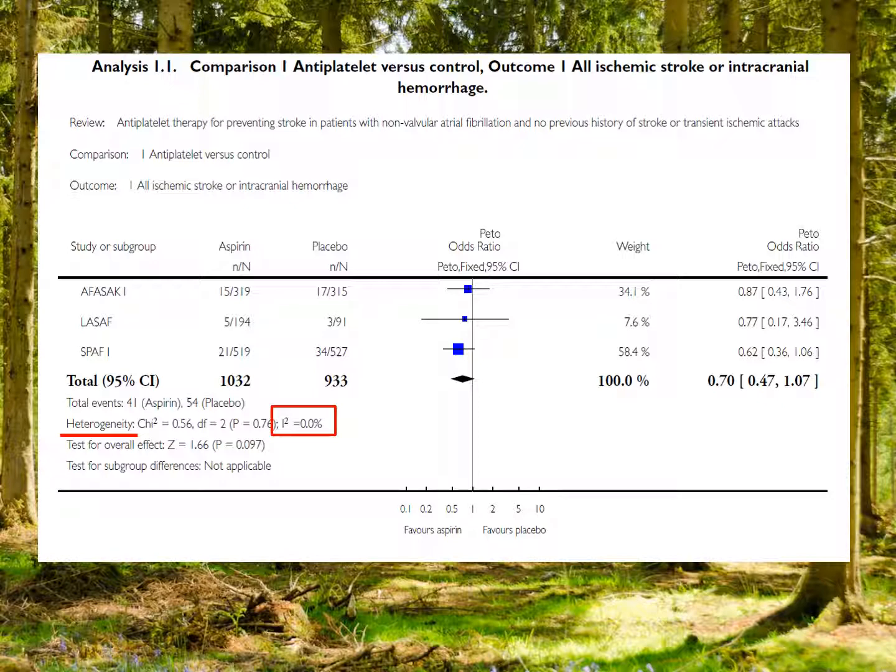If the heterogeneity is minimum, it is 0 or near 0. If the heterogeneity is high, meaning the studies are all over the place, some of them left, some of them right, they don't come in line. This forest plot had only 3 studies, and if the heterogeneity is 0, it's very good, I square.